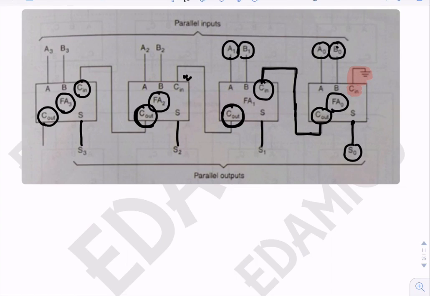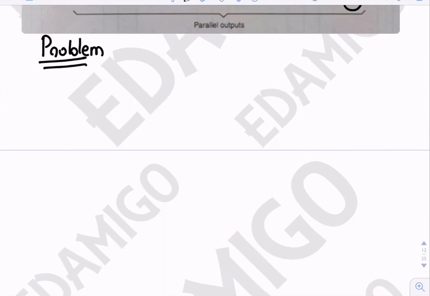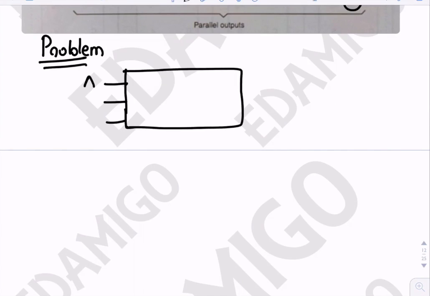Now, what is the problem in this circuit? Now let us analyze the problem. Let us assume that I have a full adder with inputs A, B and C in, and the outputs S and C out.